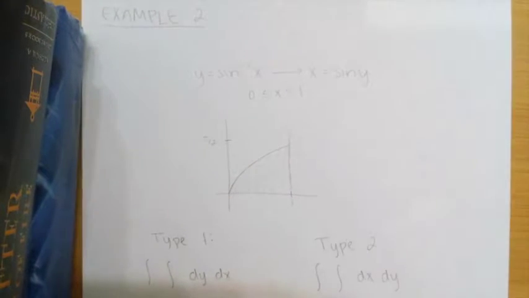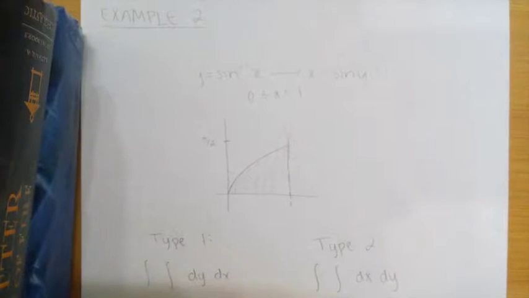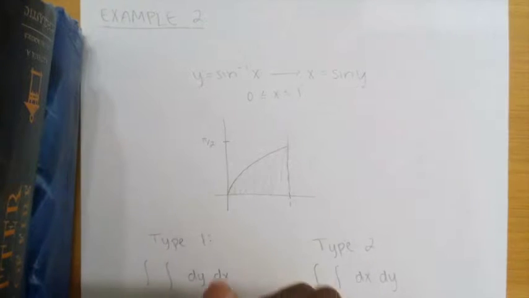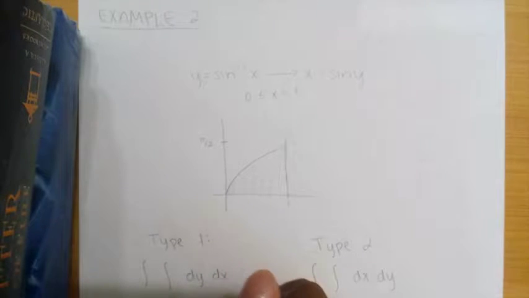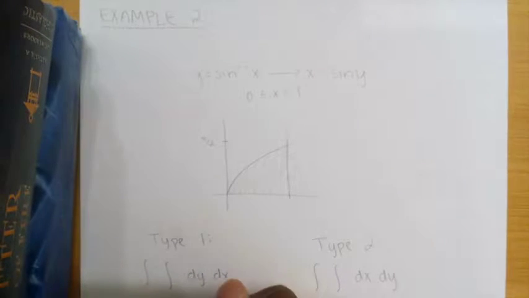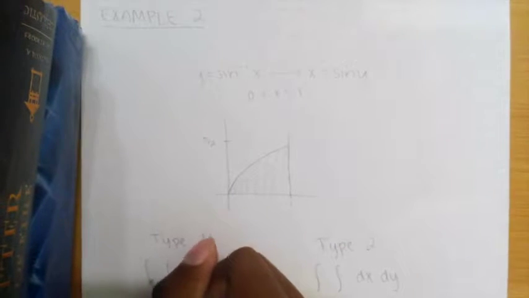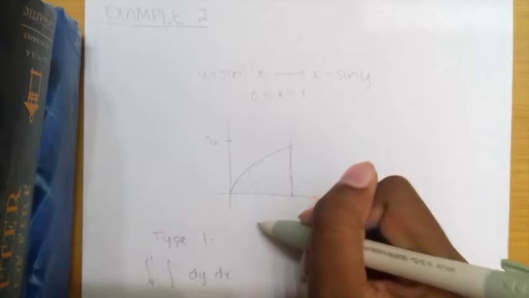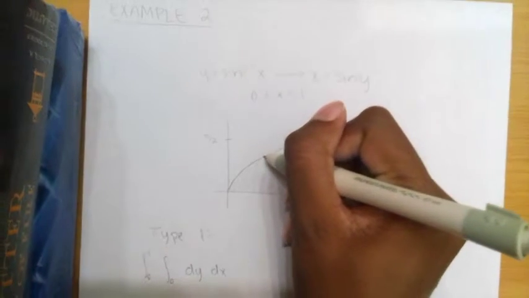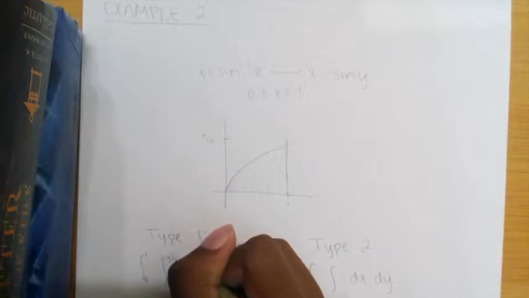For my second example, I'm using an equation that's a little bit trickier, y equals inverse sine of x from 0 to 1. I'm not actually going to be solving this example, but I wanted to show that if you do it in one way, it makes the integral a little bit easier than doing it in the other way. Okay, so for type 1, we would be going from 0 to 1, and we go this way in the y direction, so we first hit 0, and then we hit the inverse sine of x.